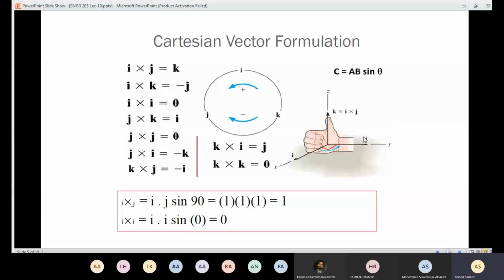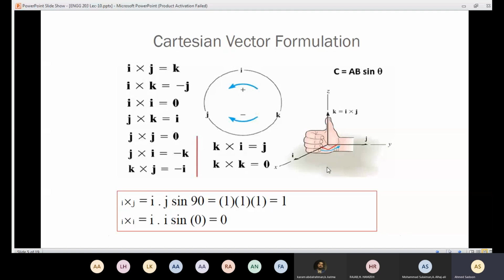Here I'm going to use my right hand, but this time I'm going to curl my fingers so that they move from J to I. If you do that, you are going to find out that your thumb is directed down here, which means that the result will be minus K.